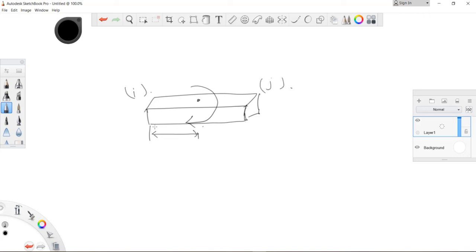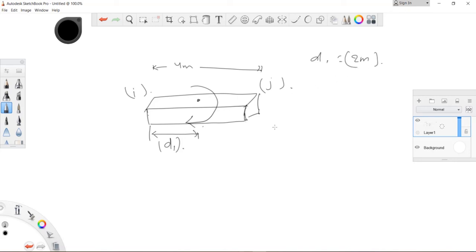In node terms you can say that this is node 1, this is node 2, just an example. In our example this is node 3 and this is node 4. This distance is the D1 distance, and as this beam is of size 4 meters in our case, as we are applying the moment at the center, D1 is 2 meters.